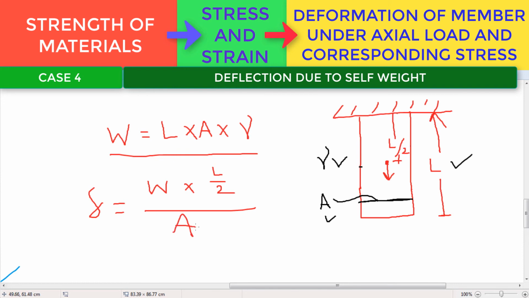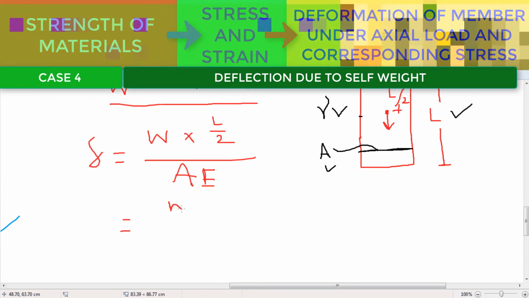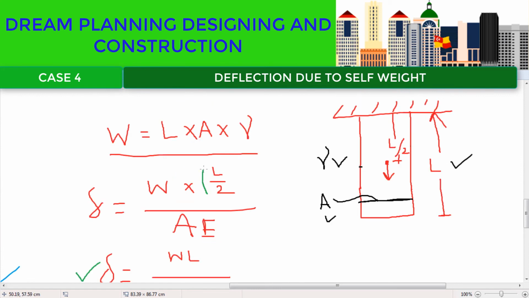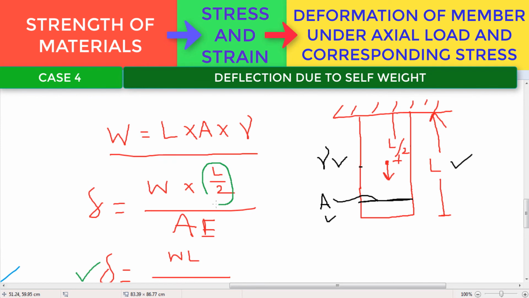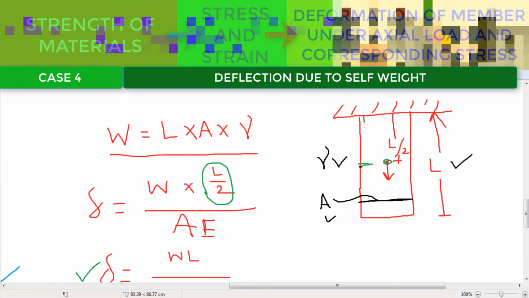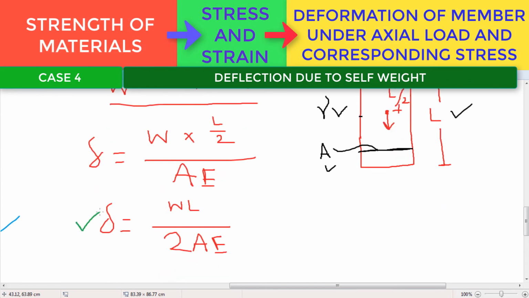So δ equals WL by 2AE. Here this load W acts on this L by 2 length, on the upper side, because the load acts downward from the CG, and this load acts along the upper length. So that is the final deformation for this case.